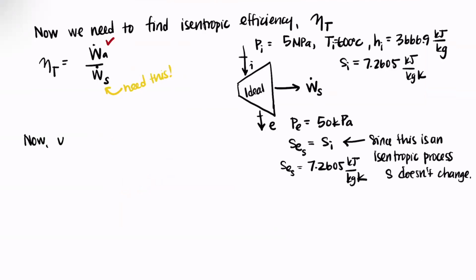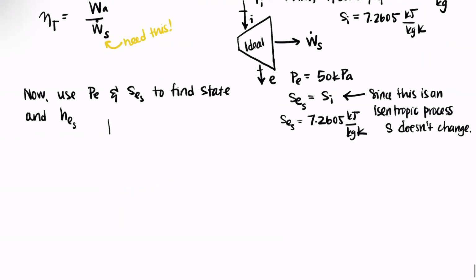Now use PE and SES to find state and HES. If we look at a pressure entropy curve, we want to figure out what state we're in, and then we can use that information to find HES.